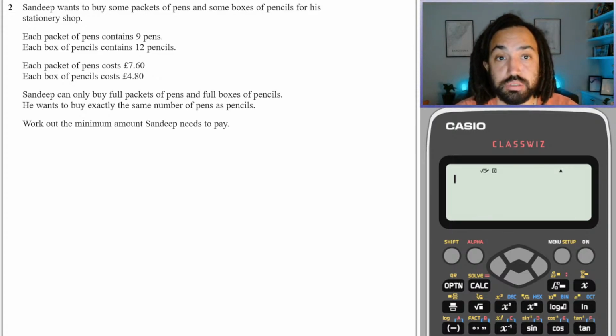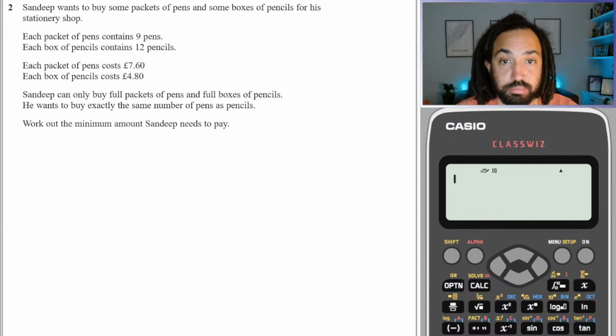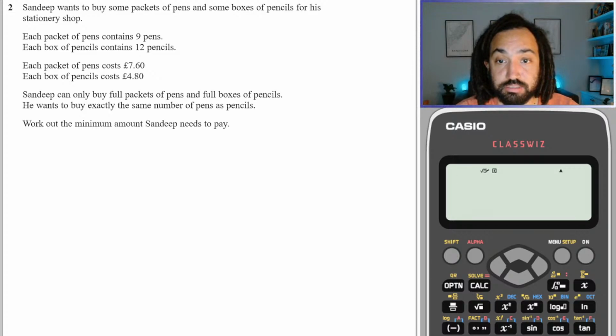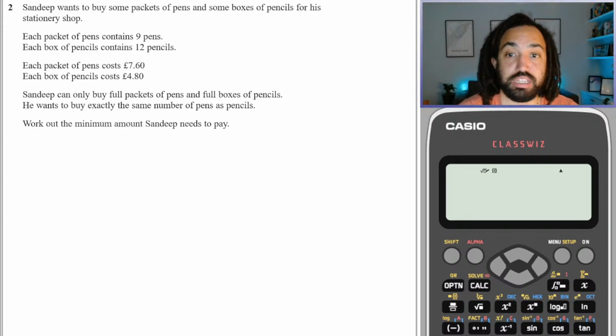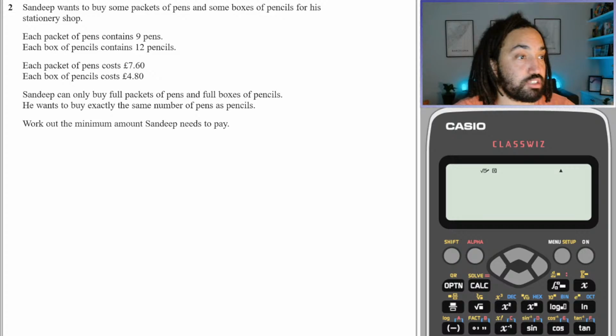Okay, so he wants to buy a pack of pens and some boxes of pencils for his stationery shop. Each packet of pens contains 9 pens and each box of pencils contains 12 pencils. The pens cost that, the pencils cost that. He can only buy 4 packets of pens and pencils. He wants to buy exactly the same number of pens and pencils, work out the minimum he can spend.